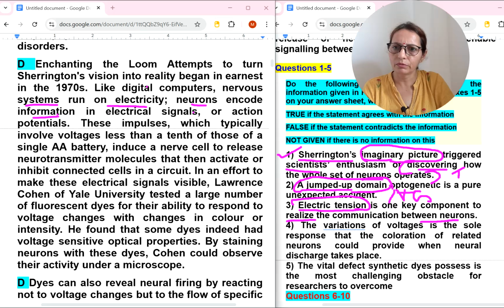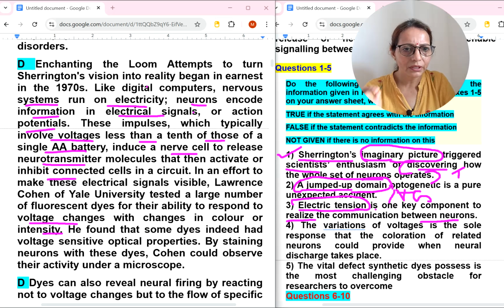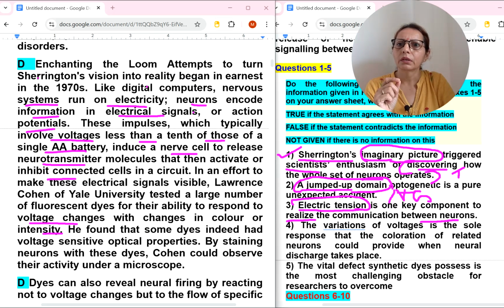Neurons encode information in electrical signals or action potentials. These impulses, which typically involve voltages less than one-tenth of those signals, induce a nerve that can activate. Okay, voltage changes with changes in color. So here, electric tension is one key component.